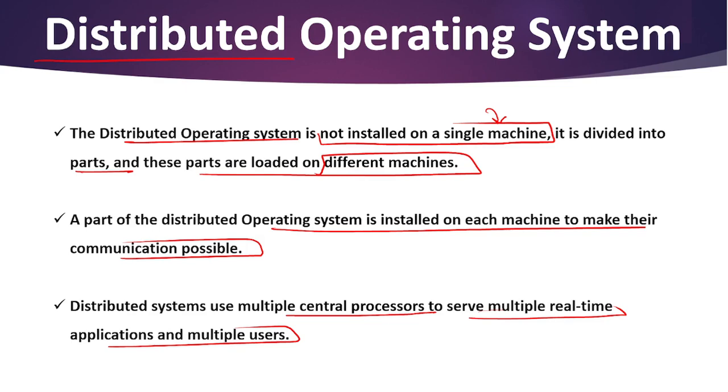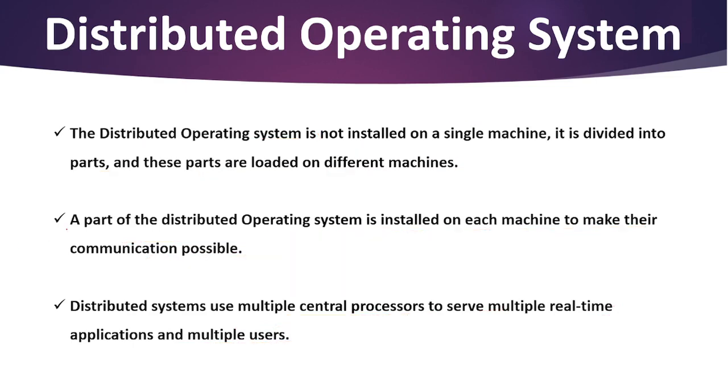Some advantages of using this operating system is that with resource sharing facility, a user at one site may be able to use the resources available on the other. So a user at one side of the network can access the application of this particular system that is available on another side of the system. It also speeds up the exchange of data with one another via electronic mail. So better service hoti hai isme customer ki.